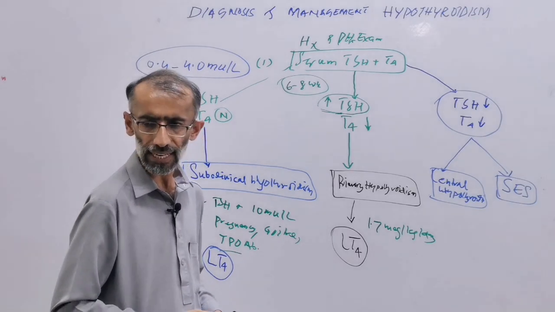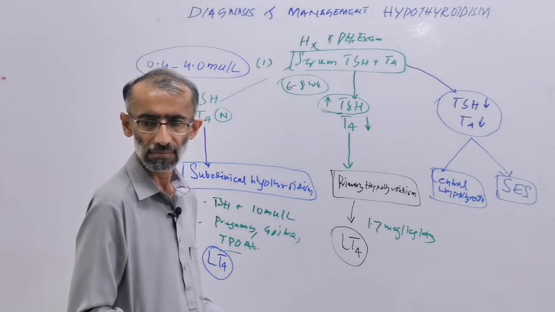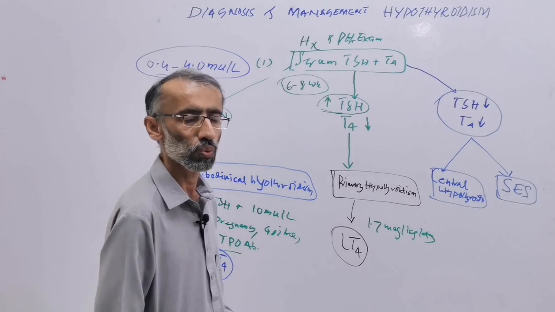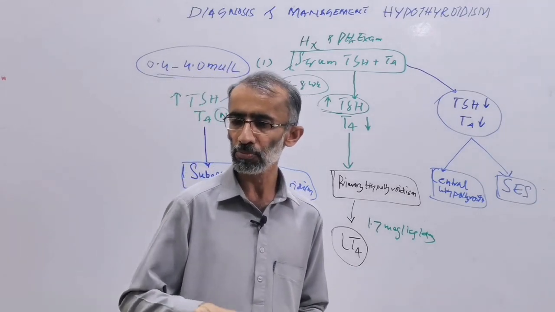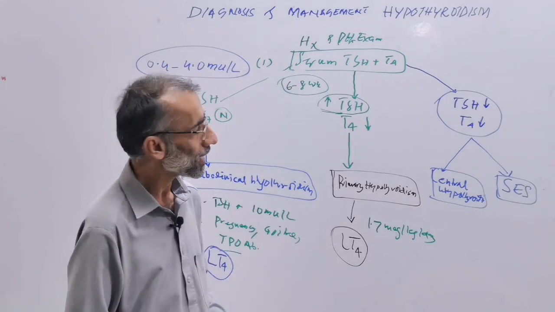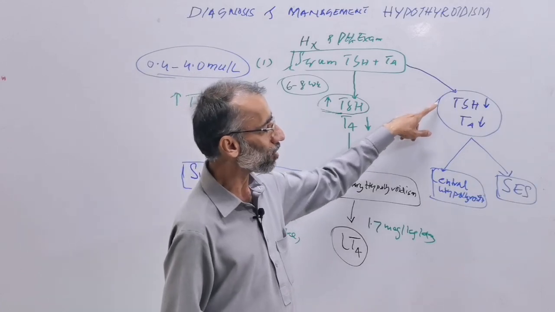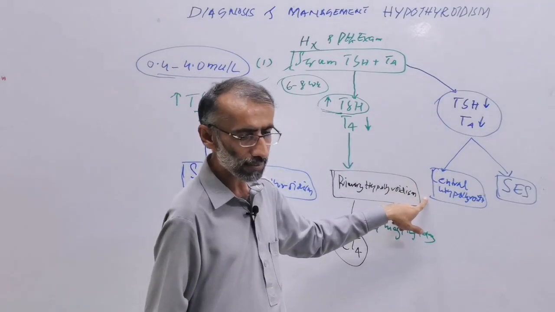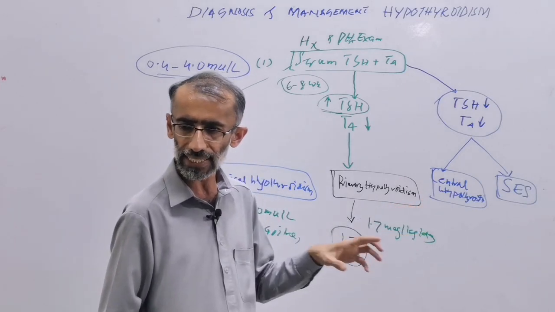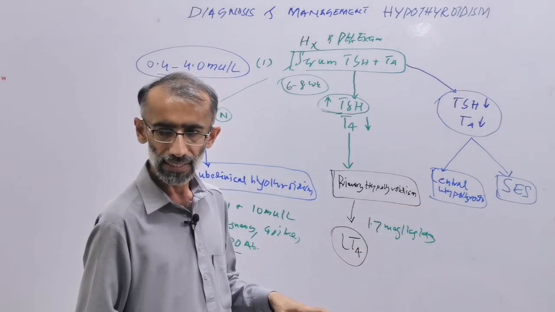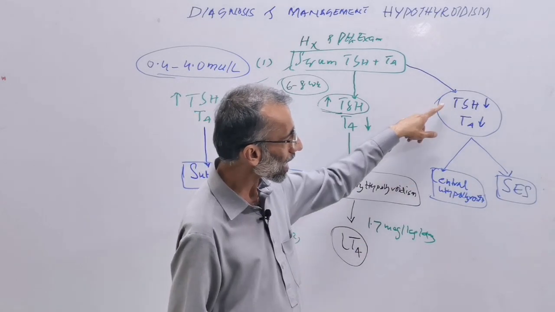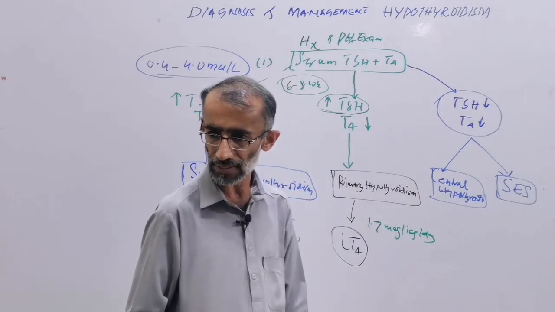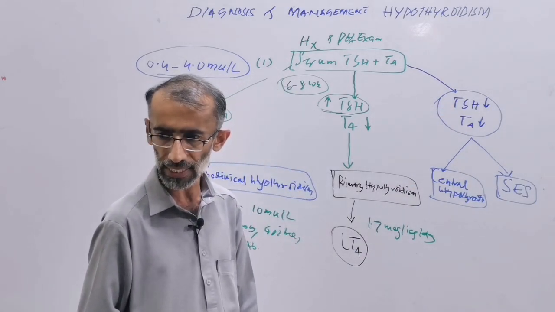Central or secondary hypothyroidism is due to a hypothalamic-pituitary axis disorder. It is characterized by low TSH and low T4. Central hypothyroidism is a very rare disease, due to failure of TSH production from the pituitary gland.